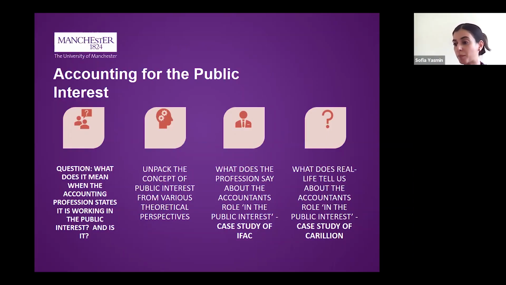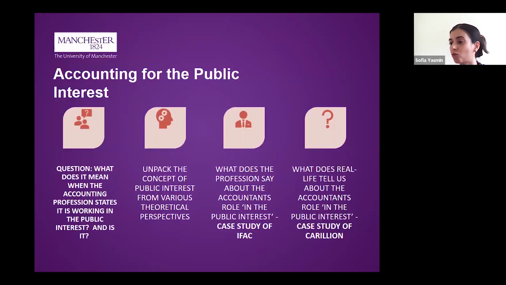Or is it the people that have a vested interest in how accountants and auditors work? Or is it the people that are regulating the accountants and auditors? So it's a really interesting debate that we have around this point, looking through what theory says, but then what actually is it? And we come to the conclusion that there is actually no one definition of public interest.